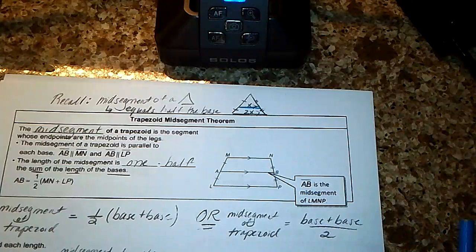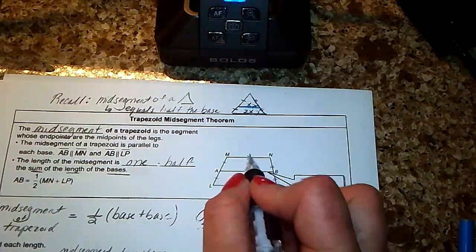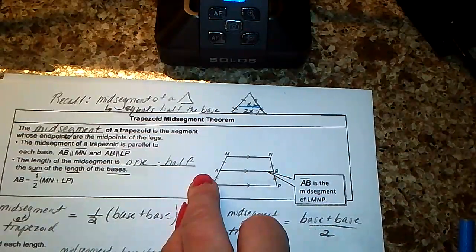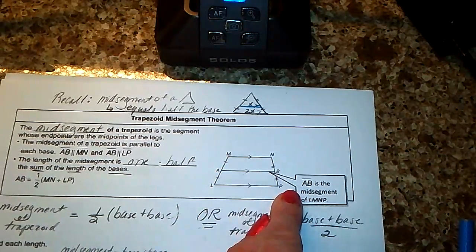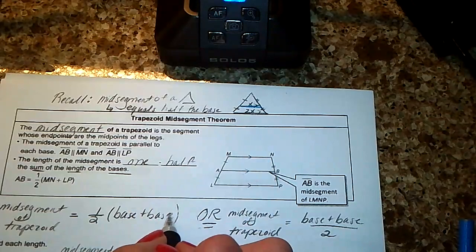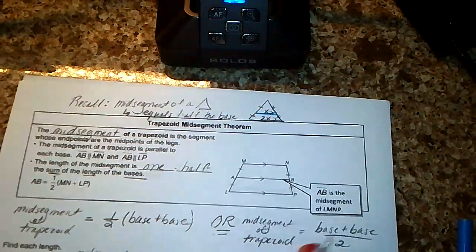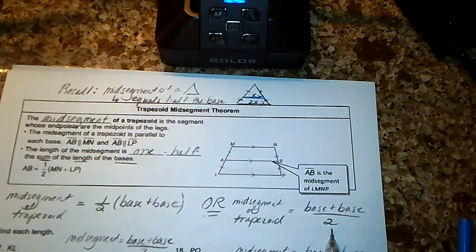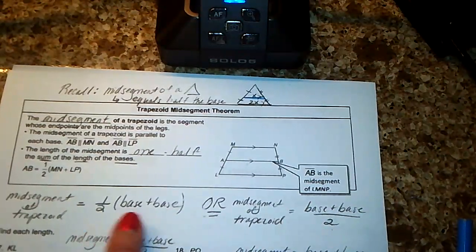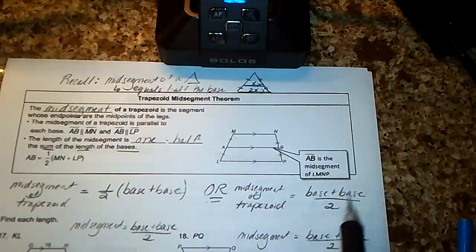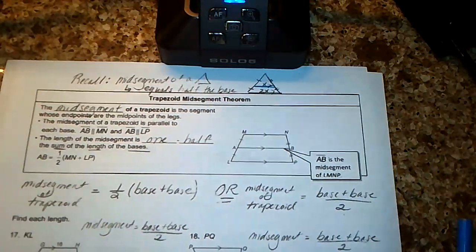So this time we're going to add the two bases and then cut it in half. This length here is half of the sum of the two bases. I like to think of this formula as take the two bases, add them together, divide by 2. These are the same thing. Whether I multiply by a half or I divide by 2, it's the exact same thing. But I like to use this. I just feel like it's a little easier to set up in the formula.